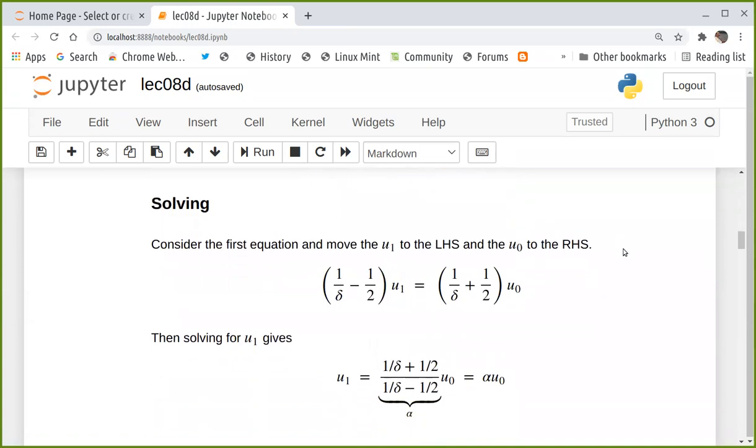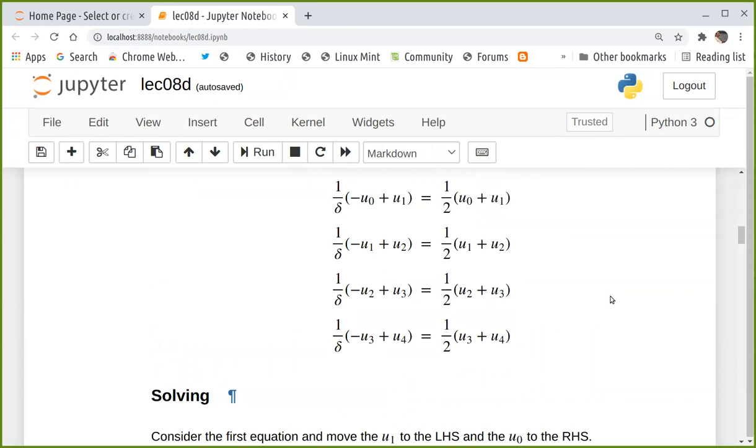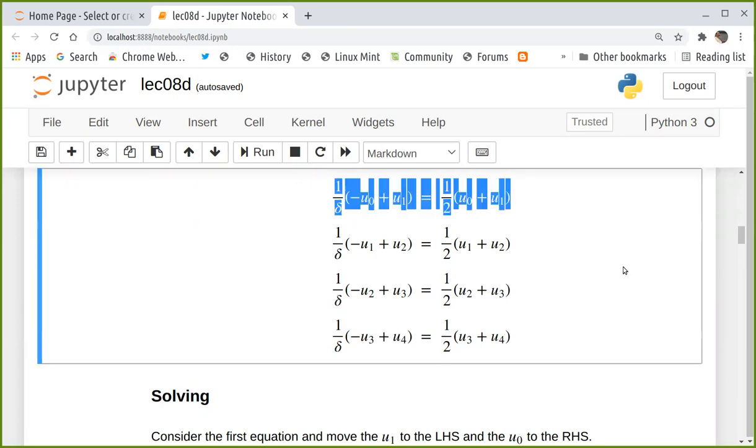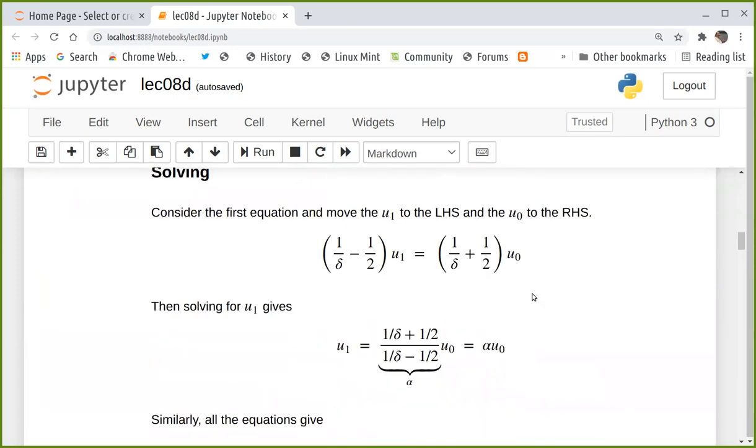And let's say that I want to solve for U1 in terms of U0. So if I take this first equation here, and then I rewrite it, I get this equation. I bring the U1 term over to the left, and I bring everything involving U0 over to the right.